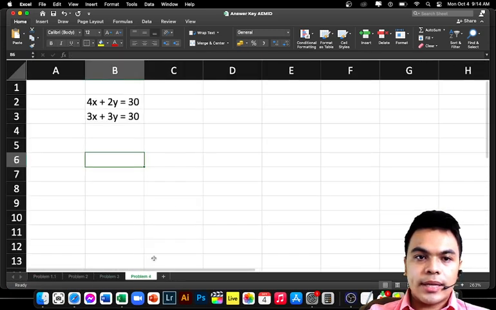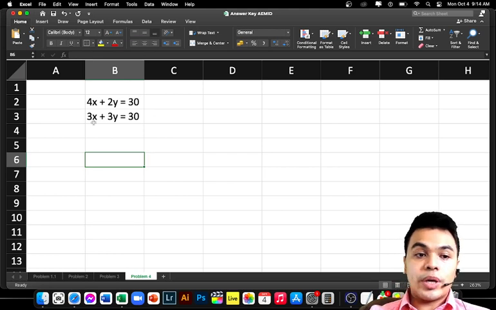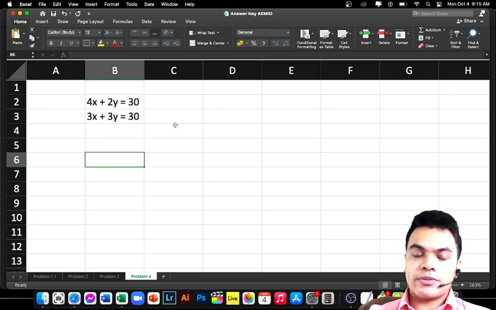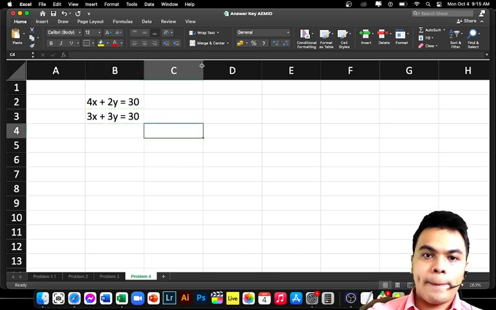Let's discuss the last problem. For this one, we have 2 equations. We are to identify the values for x and y that are true for both equations. I guess most of you were challenged here.